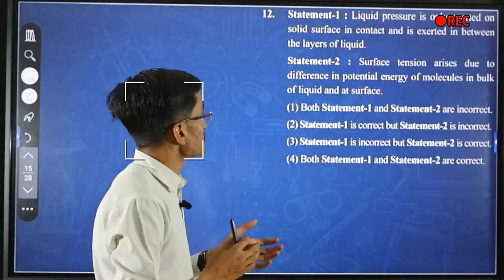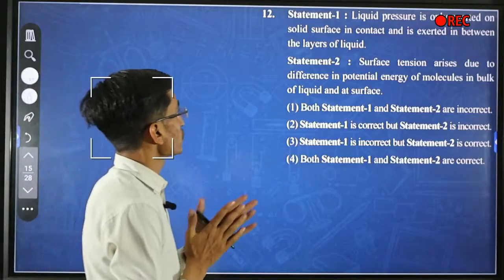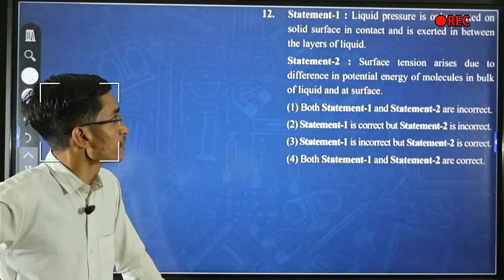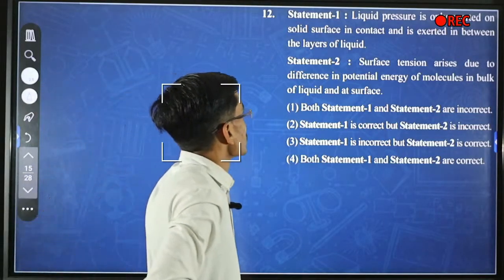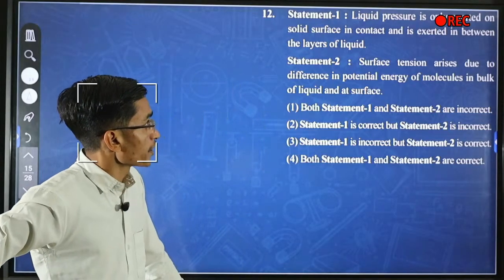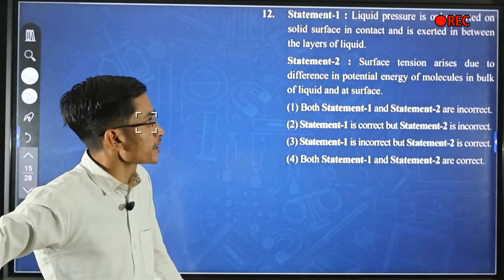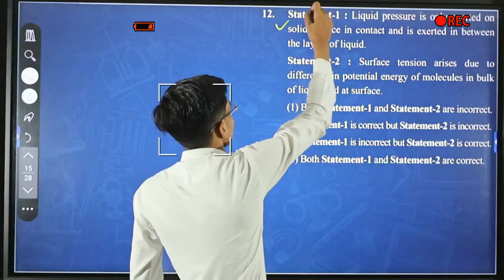Next question. Statement 1: Liquid pressure is only exerted on a solid surface in contact and is exerted in between the layers of the liquid. Okay, this is a true statement. Pressure is acting between layers of liquid, so this is correct.